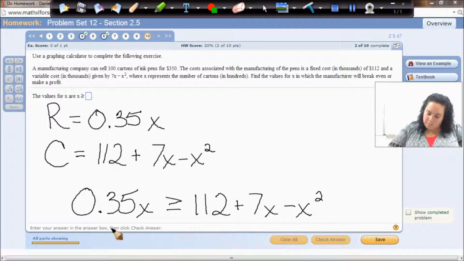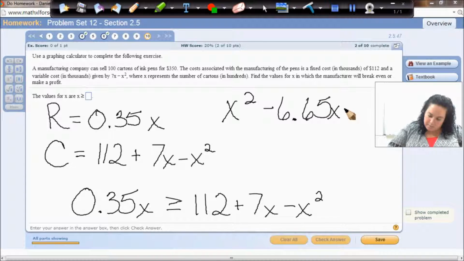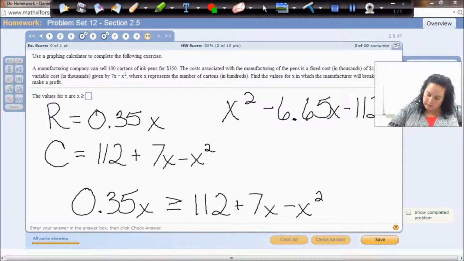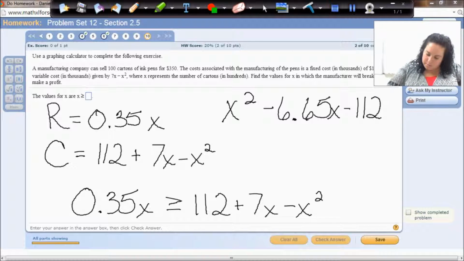So we get x squared minus 6.65x minus 112 needs to be greater than or equal to 0.